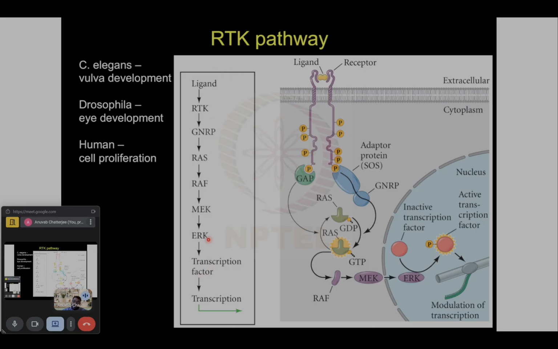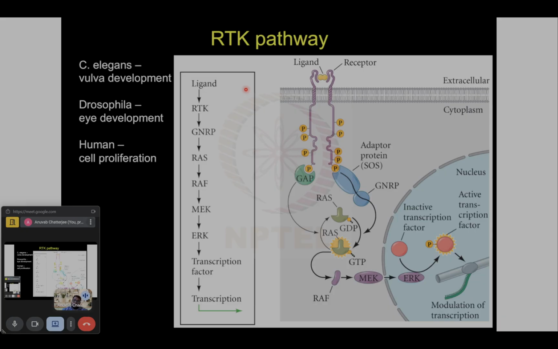So here it is in a straightforward form written as words. Ligand binds to the RTK, RTK phosphorylates the GNRP, GNRP the RAS, then the RAF, then the MEK, the ERK, the transcription factor, followed by transcription.